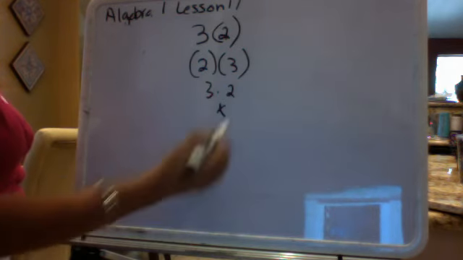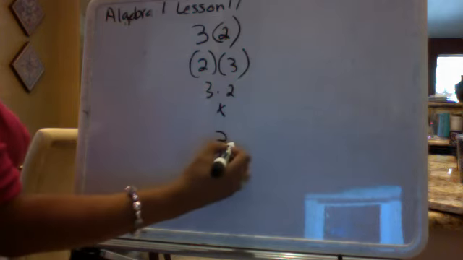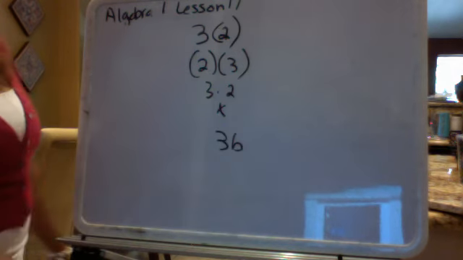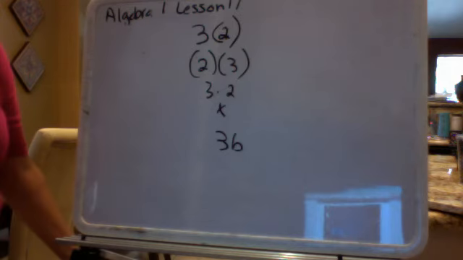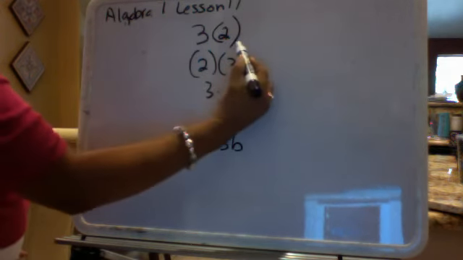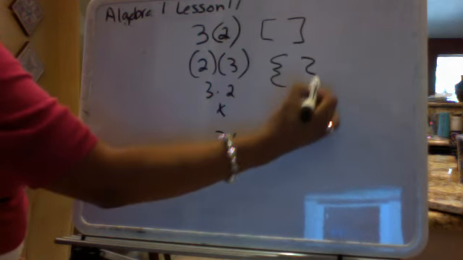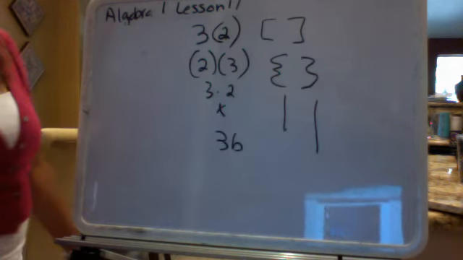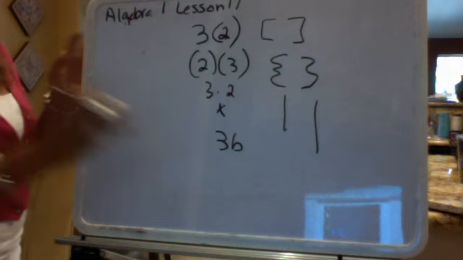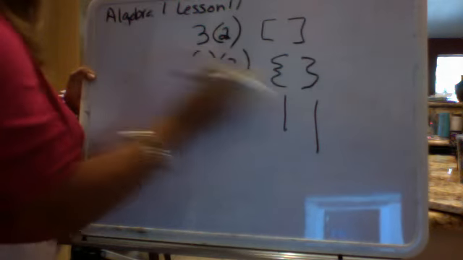We can use a variable, like 3b. That means multiplication. If we have a variable next to another variable or a number, it means multiplication. So when we say parentheses, it's not just parentheses. They can be brackets, they can be braces, they can be absolute value. There are different ways to write that.